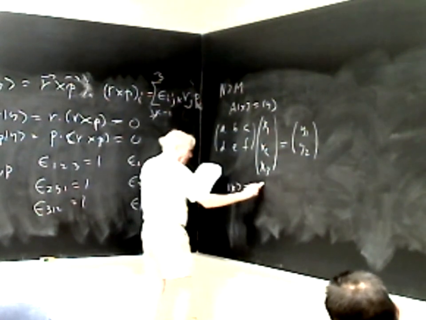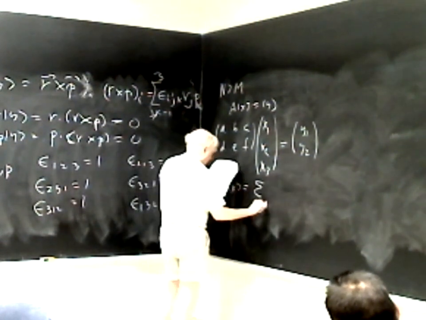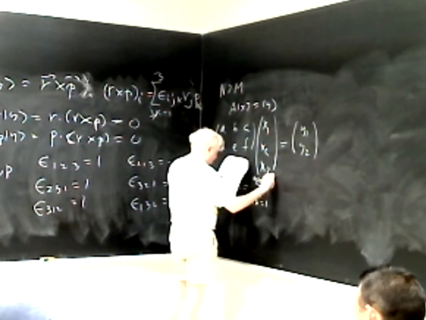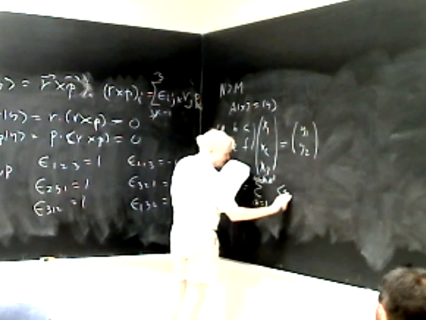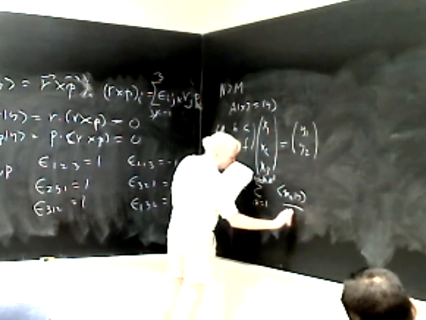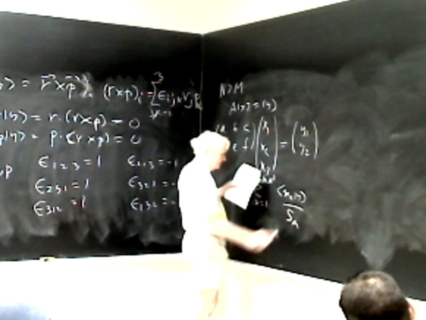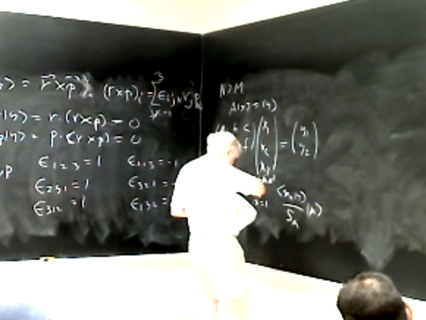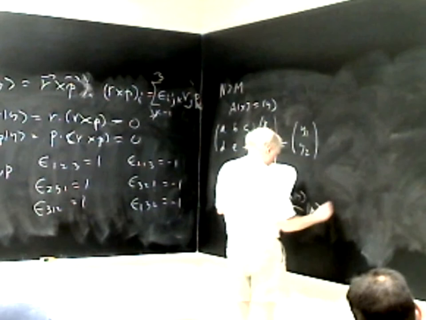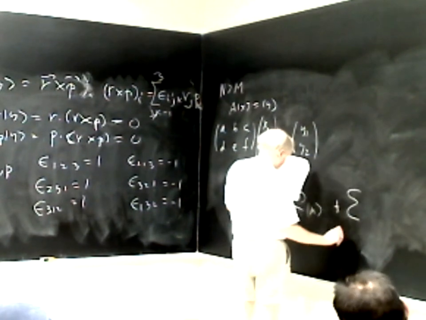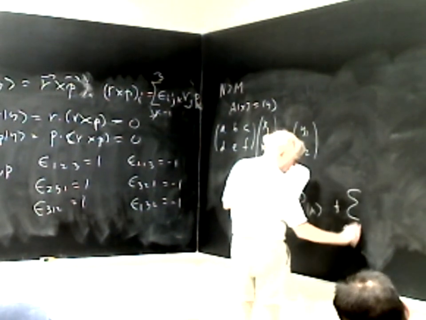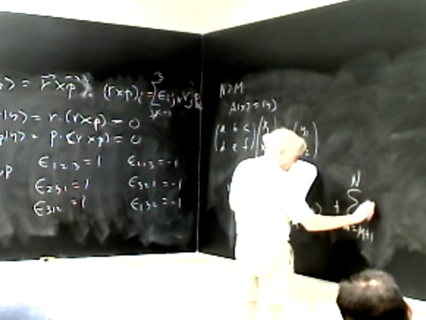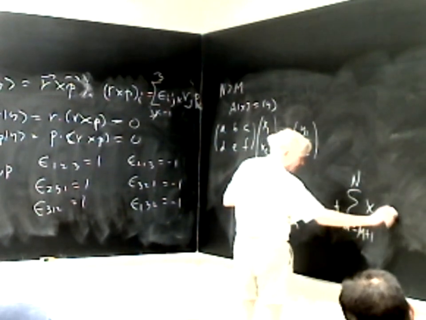We would say then that x would be the sum on n from 1 to the minimum of m and n, m sub n, y over Sn times the vector n, plus a sum n equals m plus 1 to n of x sub n n.